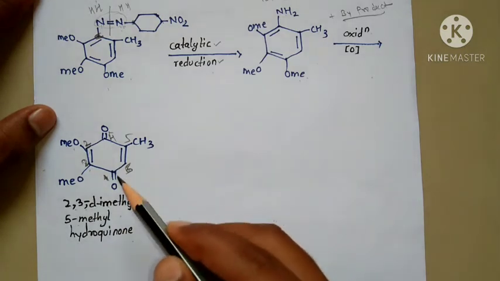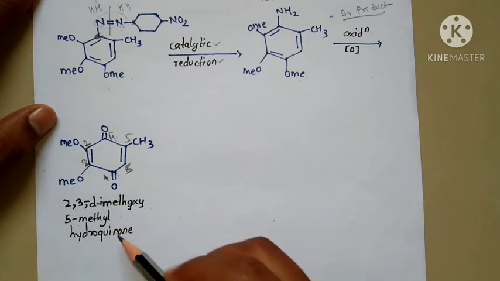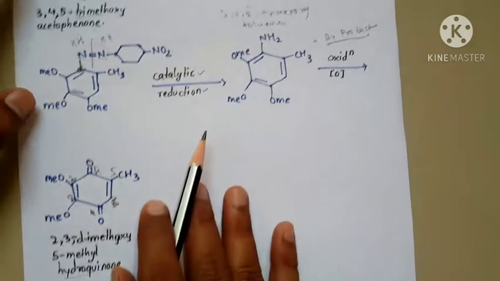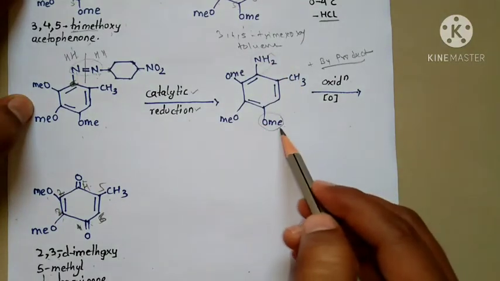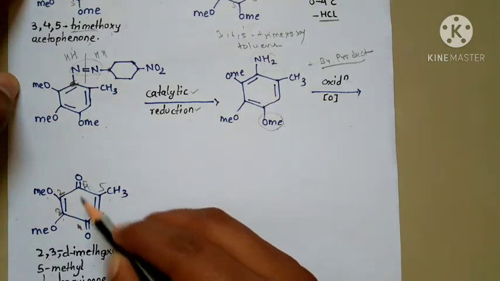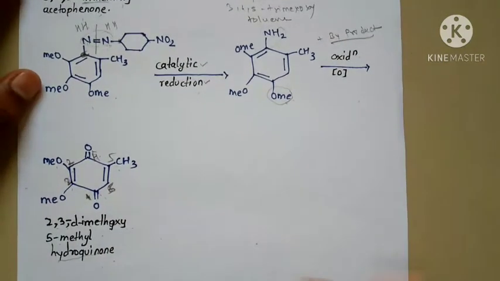Then 1 and 4th position have a C double bond O group, that is the hydroquinone part, and 5th position has a CH3 group. That means your NH2 and OMe, that is methoxy group, are converted into C double bond O. So that is your step 1 product.